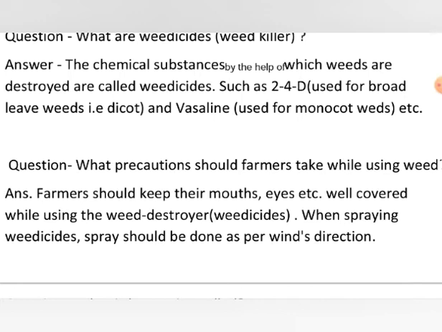These chemical substances are known as weedicides or weed killers, and a major example is 2,4-D. This 2,4-D is used for broad leaf weeds, those weeds which have broad leaves and are dicot in nature.